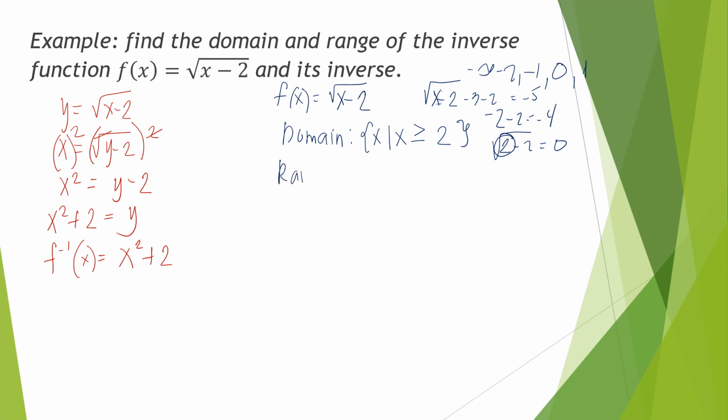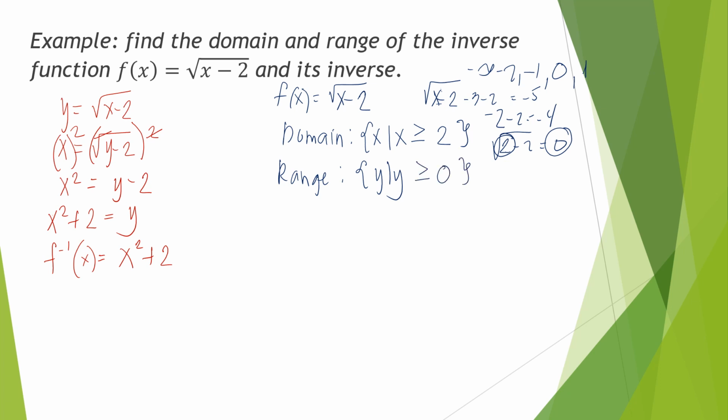So, for the range naman, we start at 2 here. When x is 2, what comes out? 0. So therefore, our range is the set of y such that y is greater than or equal to 0.